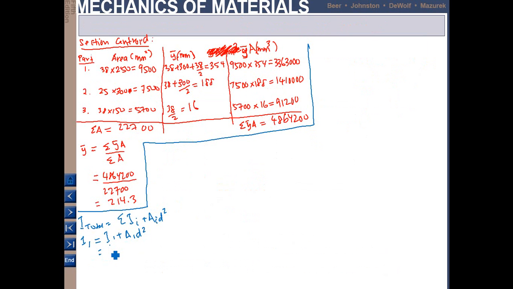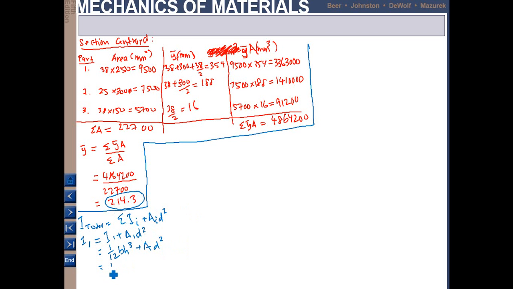So this is 1 over 12 B H to the power of 3 plus area times the distance from the centroid of this section to the centroid of the whole structure.